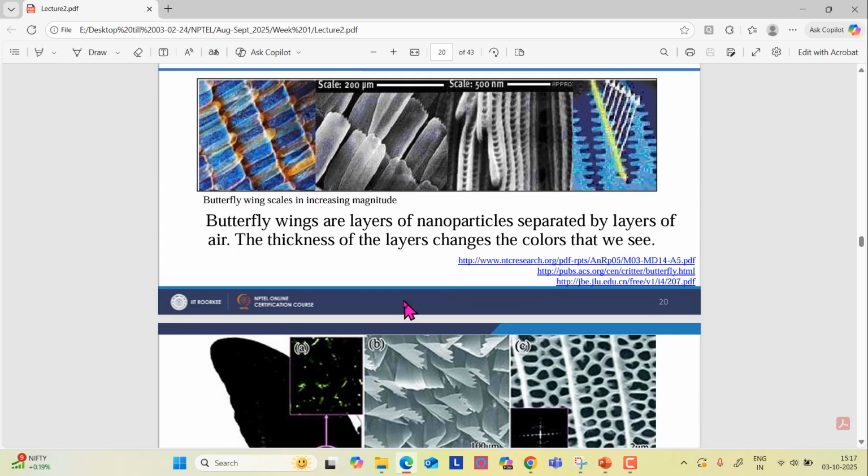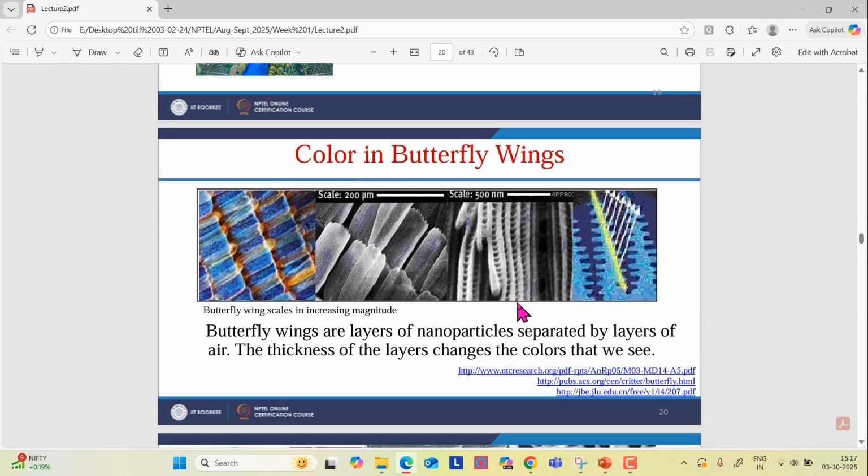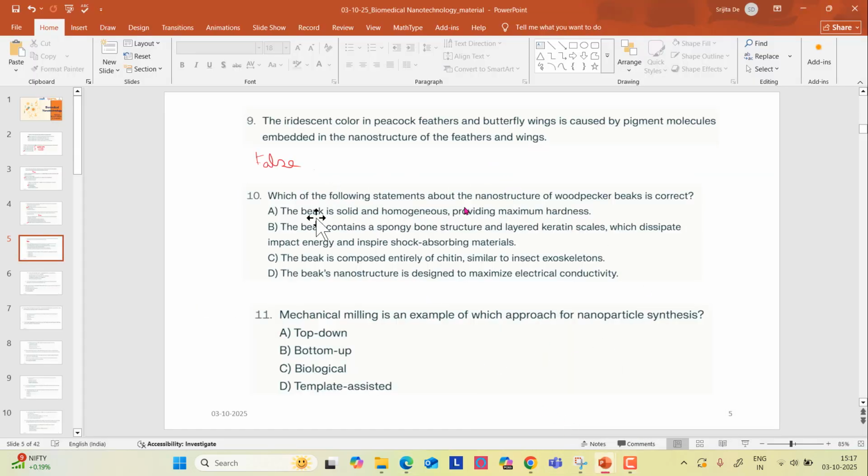So it is not the pigment, it is the nanostructure which defines their colorful feathers. So the answer is false. The right answer is structural color due to nanostructures or nano patterns within.